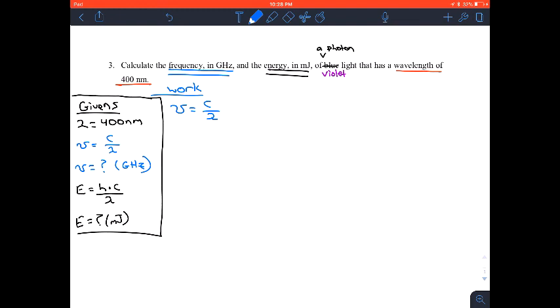You guys should know what to do here. So, we have 2.99 times 10 to the 8th meters per second, multiplied by 1 over 400 nanometers.